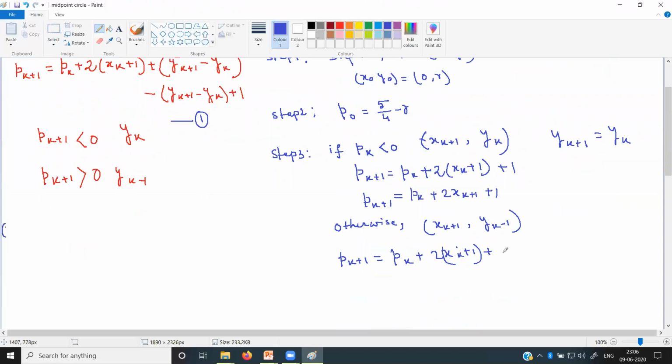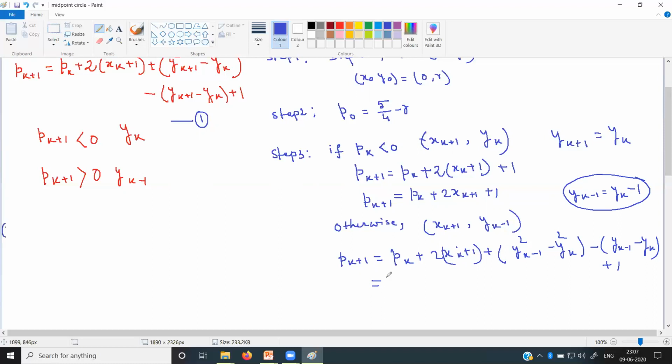So what should we write? We should write y of k minus 1 square minus y of k square, minus y of k minus 1 minus yk, and then plus 1. As you know, y of k minus 1 can be written as yk minus 1. Now we got the point.